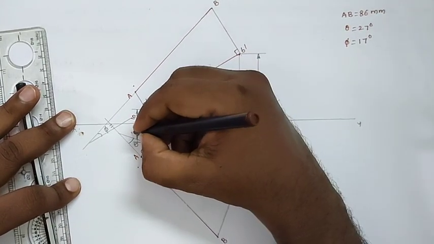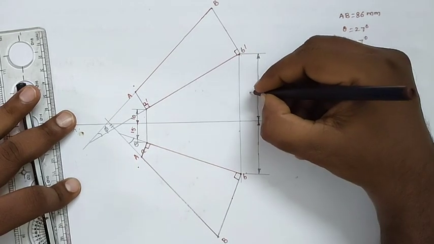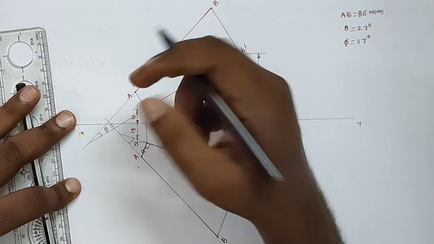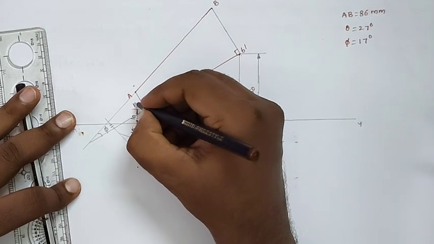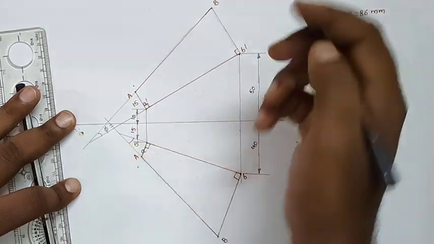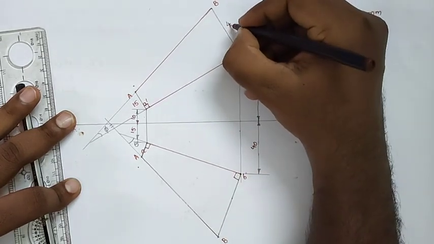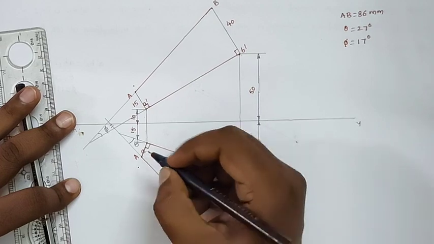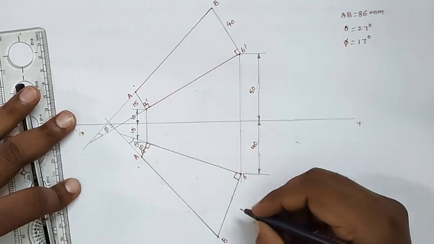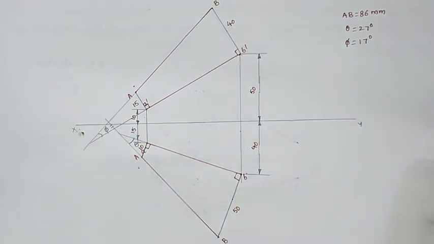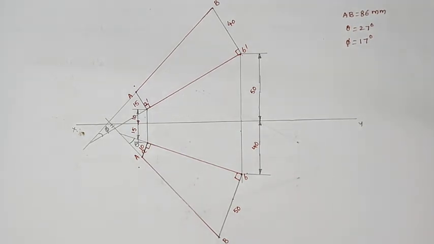A is 10 mm above HP and 15 mm in front of the VP. So this is 50 and this is 40. So what is the dimension of A dash and A? A dash and A dimension is the opposite dimension of point A, and B dash and B dimension is the opposite dimension of B. So this is 40, and here the AA dimension is 10 mm and this dimension you can take 50. Like that we will draw the projections in case of the trapezoidal method. So this is the trapezoidal method.